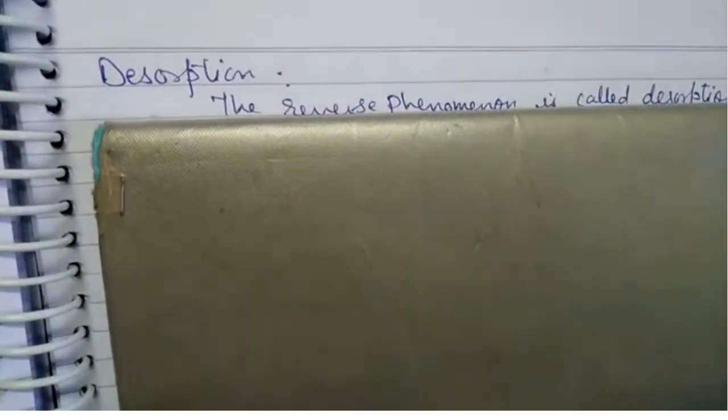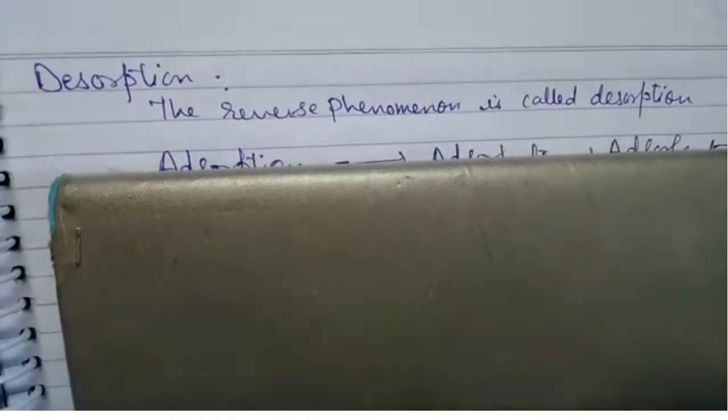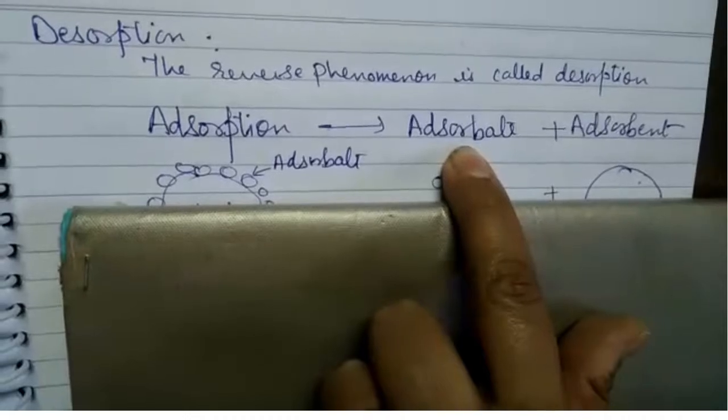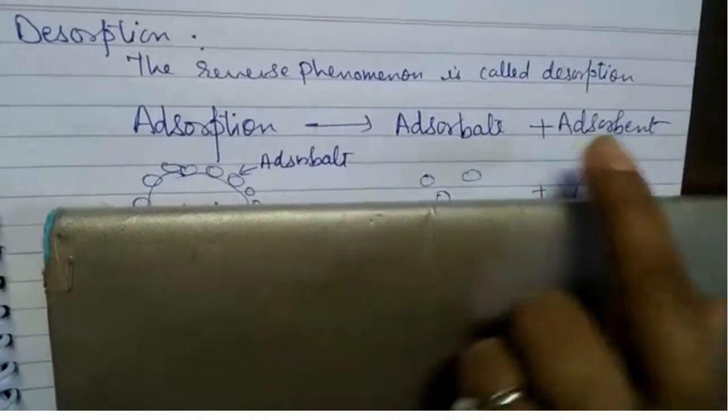Now there is another term known as desorption. Desorption is the reverse of adsorption, because we know that adsorption is a reversible process. Whenever adsorption takes place, a bond is formed between the adsorbent and adsorbate, and in the desorption process, the bond between the adsorbent and adsorbate is broken, and they are liberated out again. So the adsorbed species is broken down into adsorbate and adsorbent.